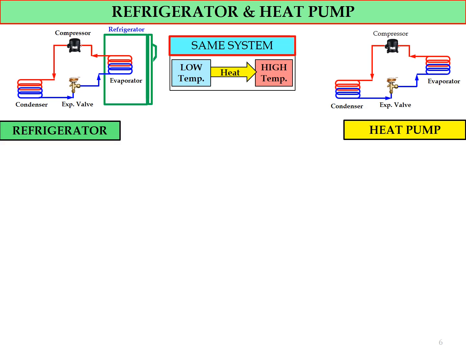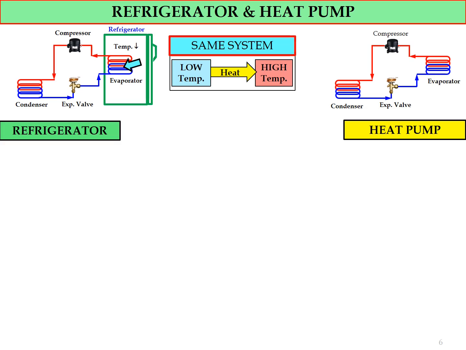In the refrigerator, the evaporator will absorb heat from the refrigerated space, so that the temperature inside the refrigerator will reduce, so that we can keep our food and drinks in the refrigerator for a longer period of time.